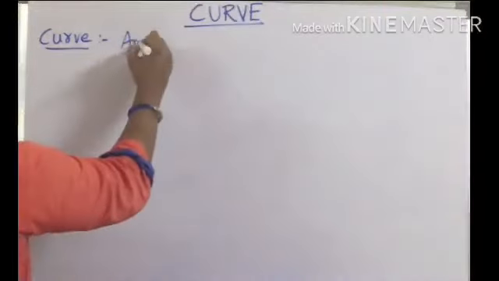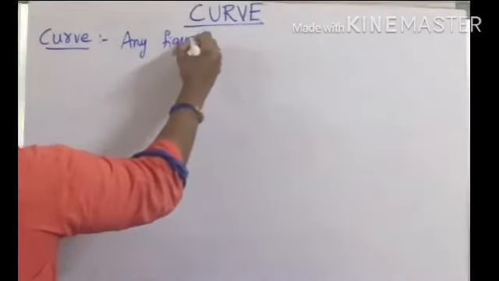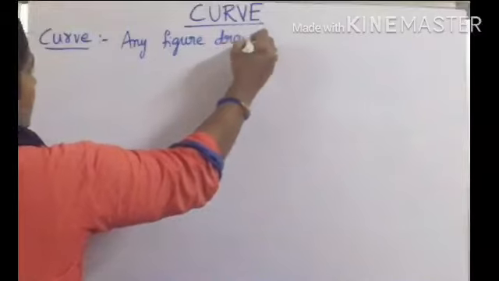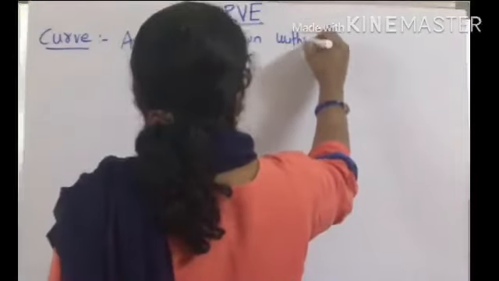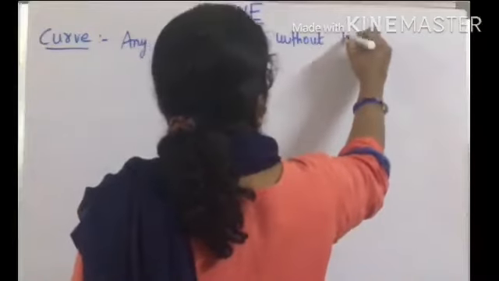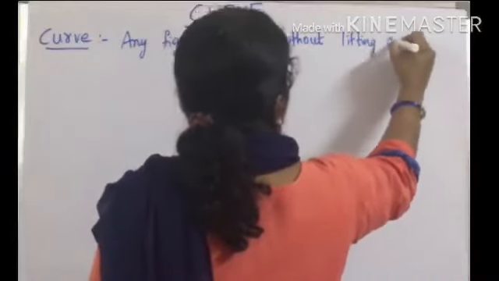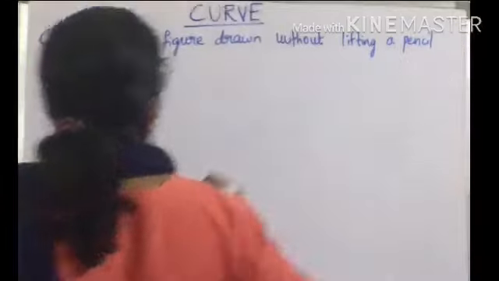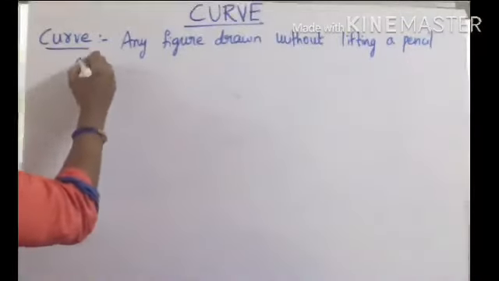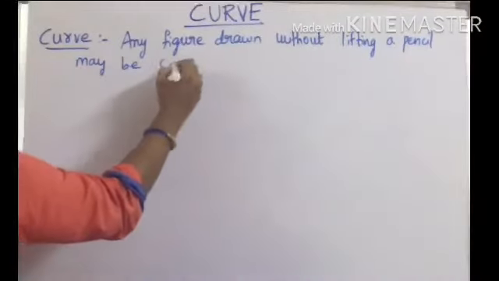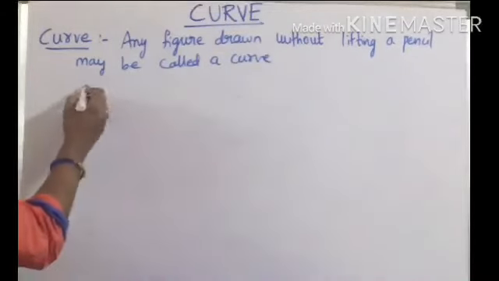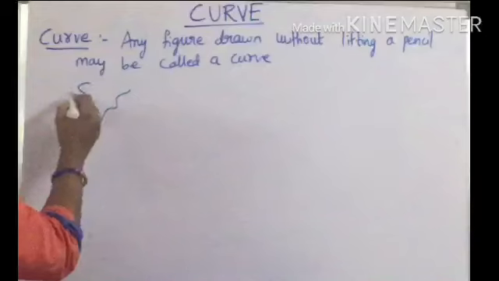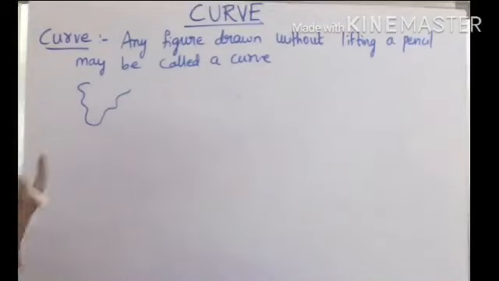Here is the definition: any figure drawn without lifting a pencil may be called a curve. Means if I draw like this, am I lifting the pencil anywhere? No. So any figure drawn without lifting a pencil may be called a curve.